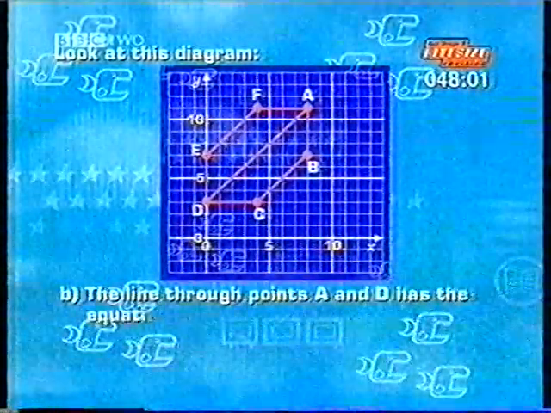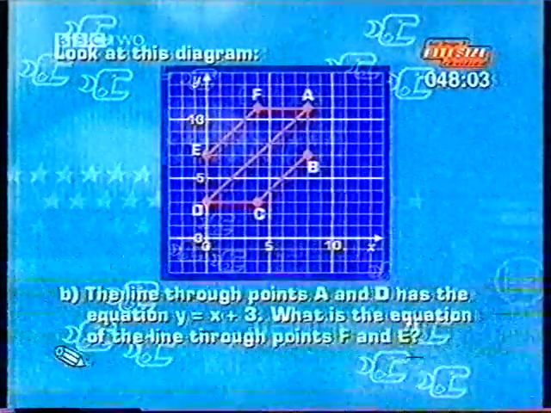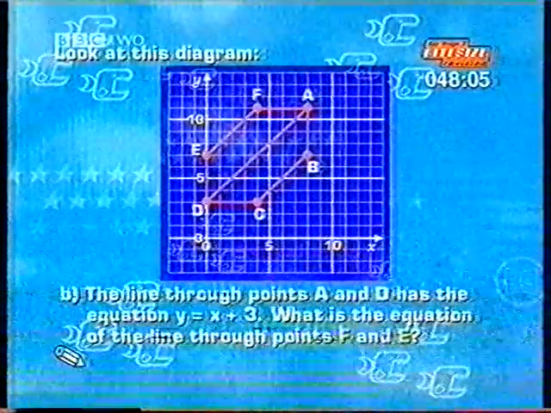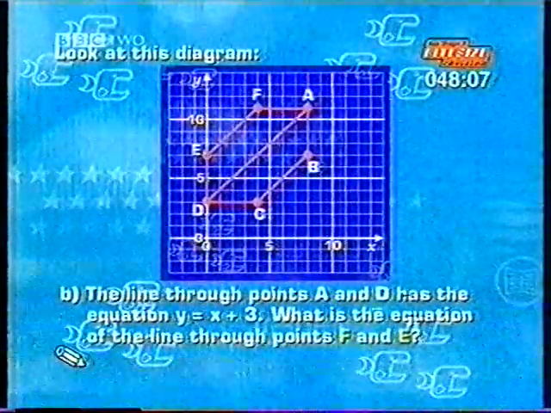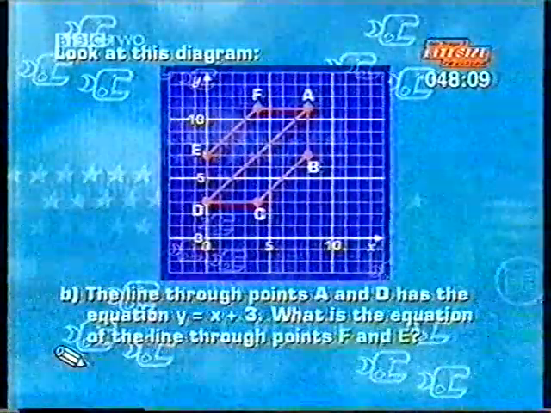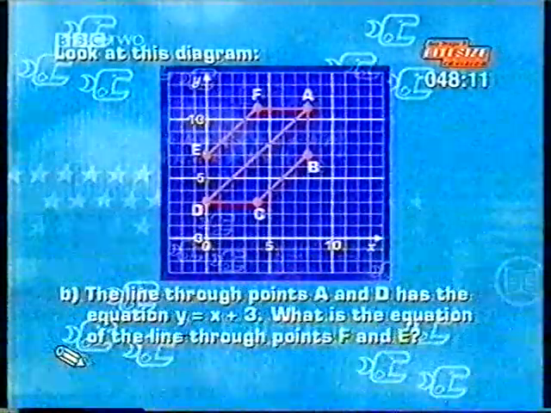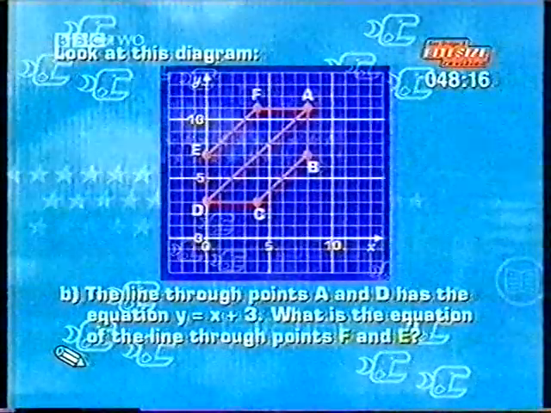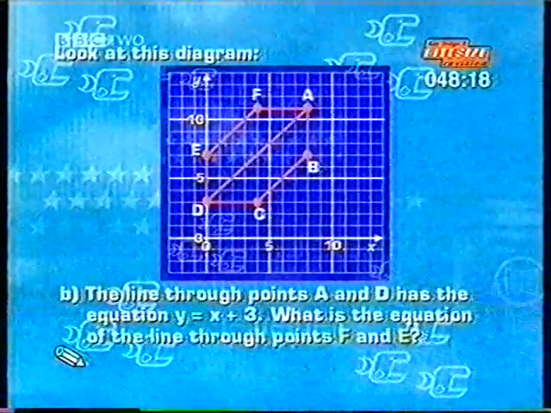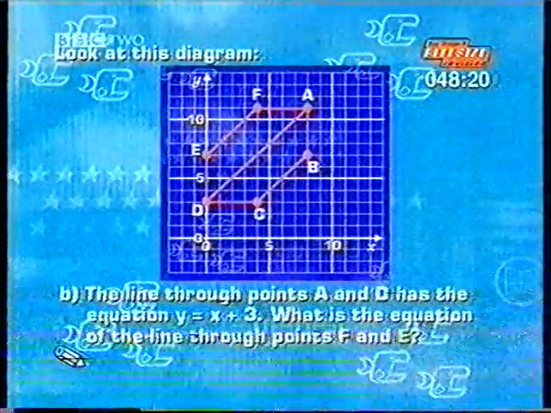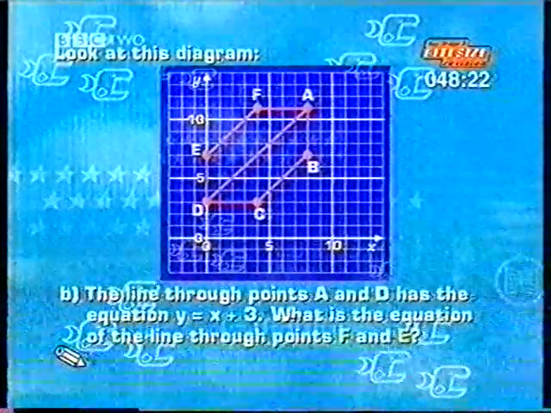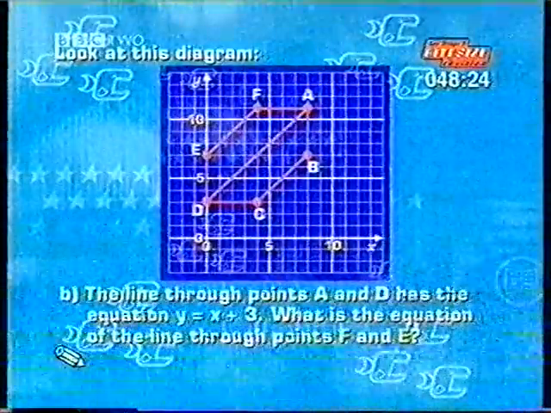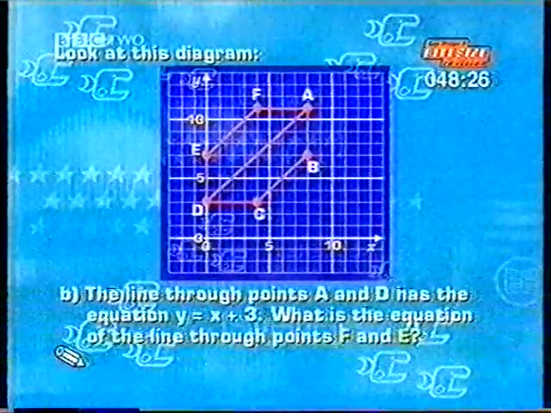Part B begins by telling us that the line through A and D has the equation y equals x plus 3, and asks what the equation of the line through F and E is. We can see that the line through F and E is parallel to the line through A and D, which is y equals x plus 3, so the line through F and E must have the same x term.